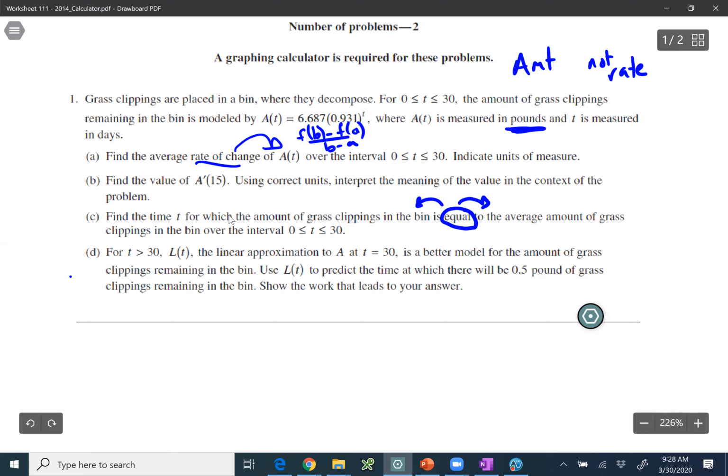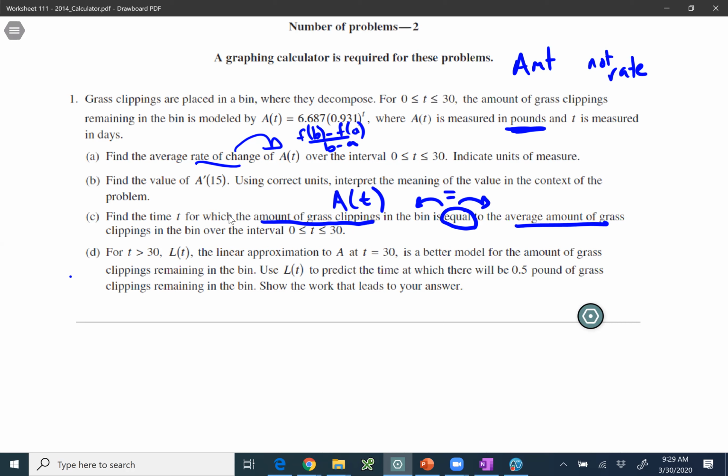The amount of grass clippings, that's just A of t, is equal to the average amount of grass clippings, not the average rate, but the average amount. A lot of people got this question wrong because they just weren't careful with the wordings. The average amount would be the whole 1 over b minus a integral from a to b of A of t dt.